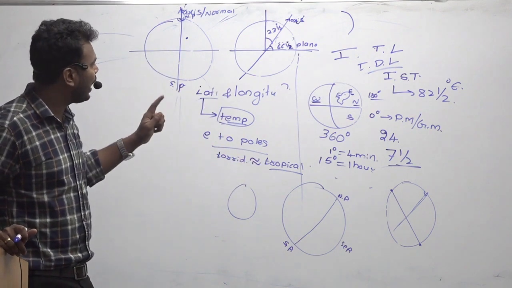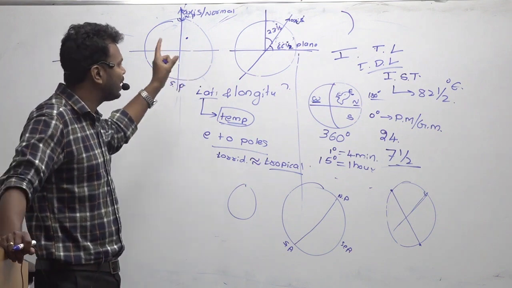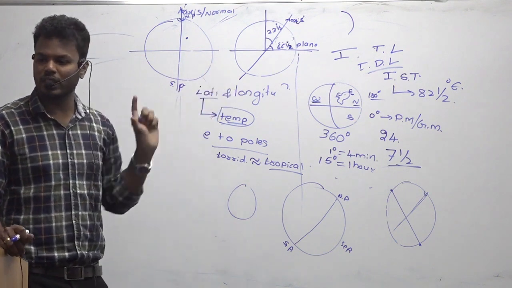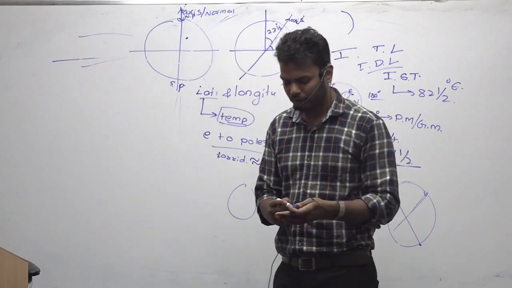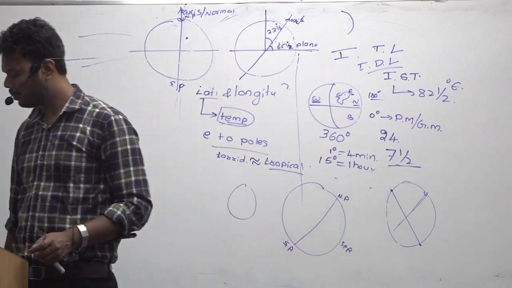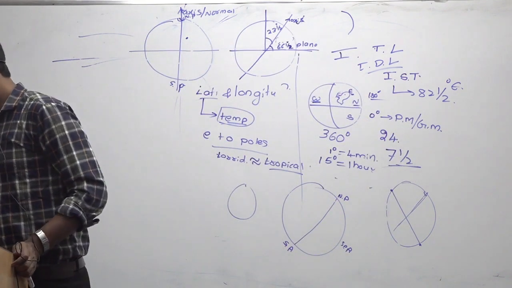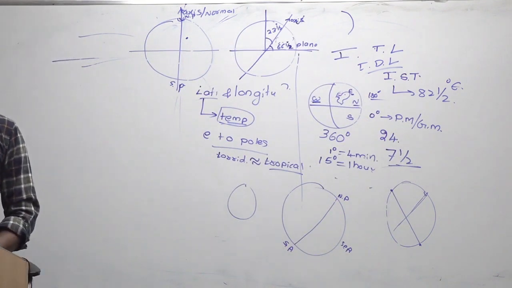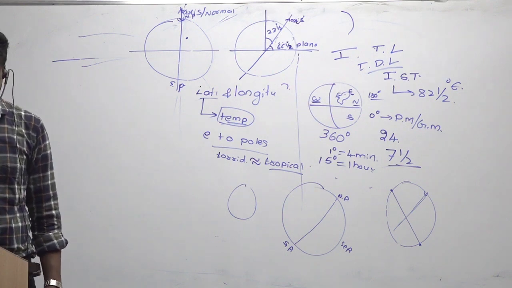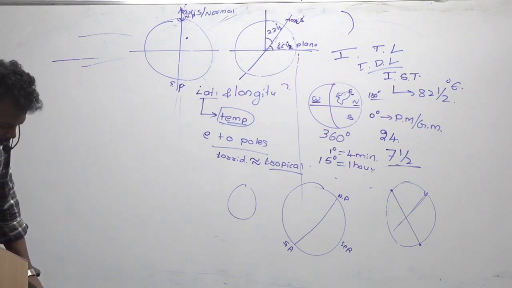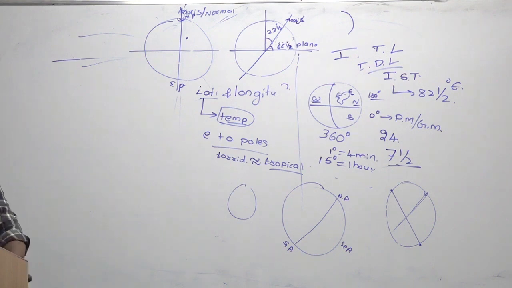Earth's axis is tilted 23.5 degrees with the normal, and 66.5 degrees with the plane. This tilt is responsible for complete darkness and for complete brightness for a few months.